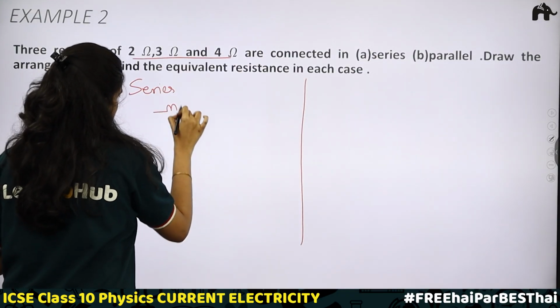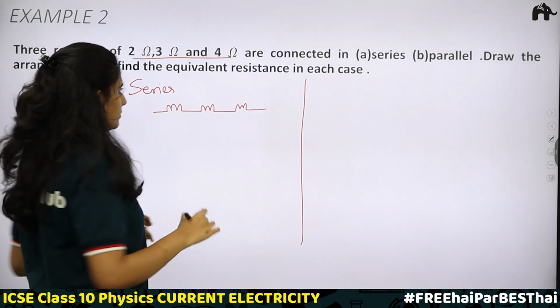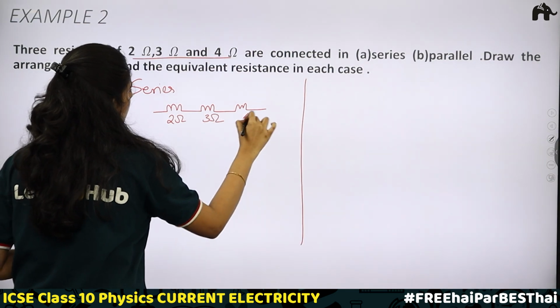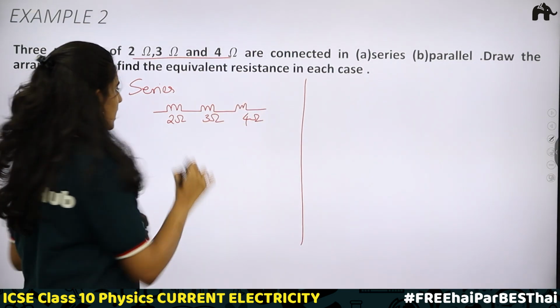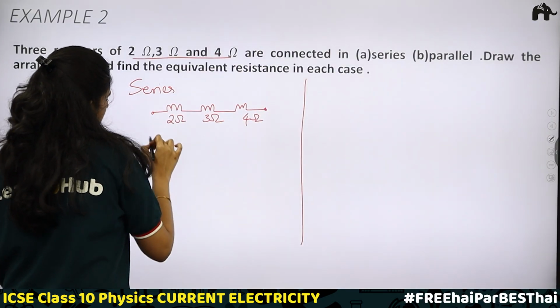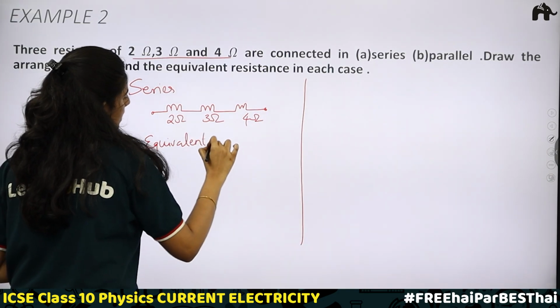Here we have the first resistor, second resistor, third resistor. Okay, 2 ohm, 3 ohm, 4 ohm. This is how the connection is. Okay, next, we can find the equivalent resistance in this case of series connection.